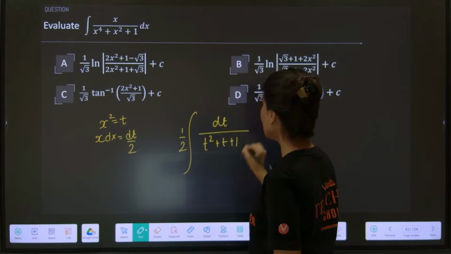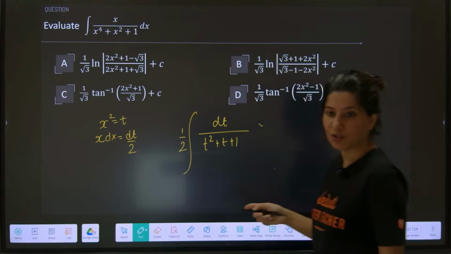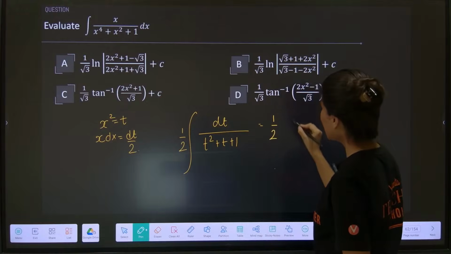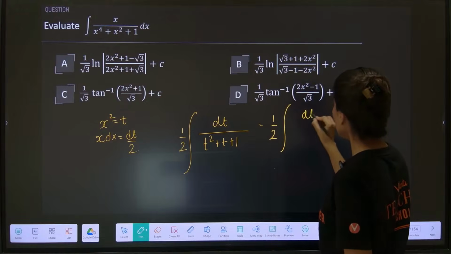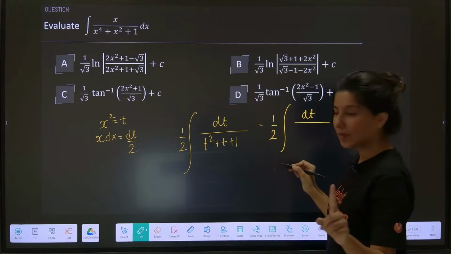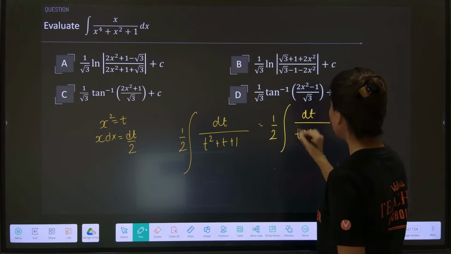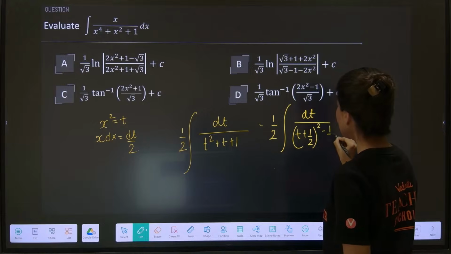And I told you, 1 upon quadratic, whenever you see it, what to do? Just make it a perfect square. So this is dt upon, how to make a perfect square? I hope everybody is aware. t square, so this is t plus half whole square minus 1 by 4 plus 1.